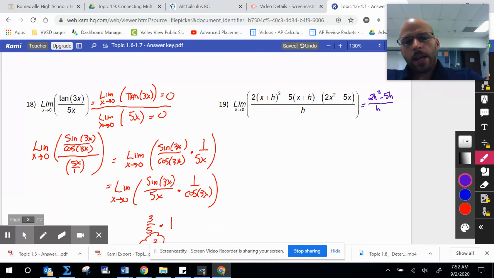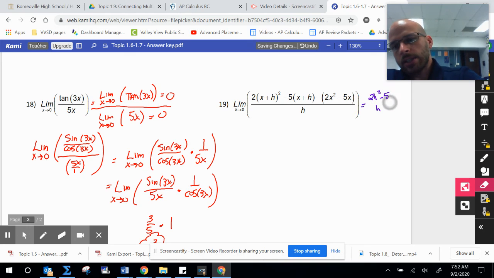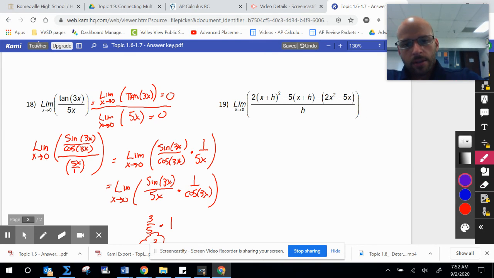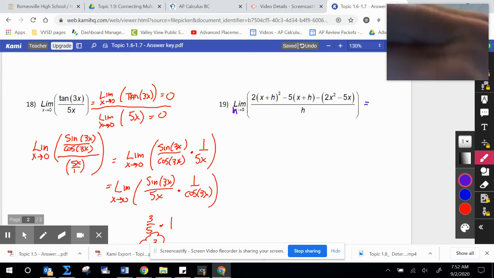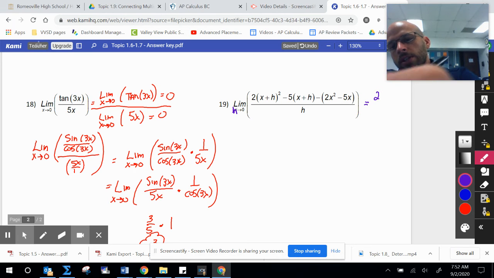Okay, and actually, I made a mistake here. I'm glad I'm making this answer key. There is a slight mistake. I don't want x to go to 0. I want h to go to 0. Sorry about that, guys.